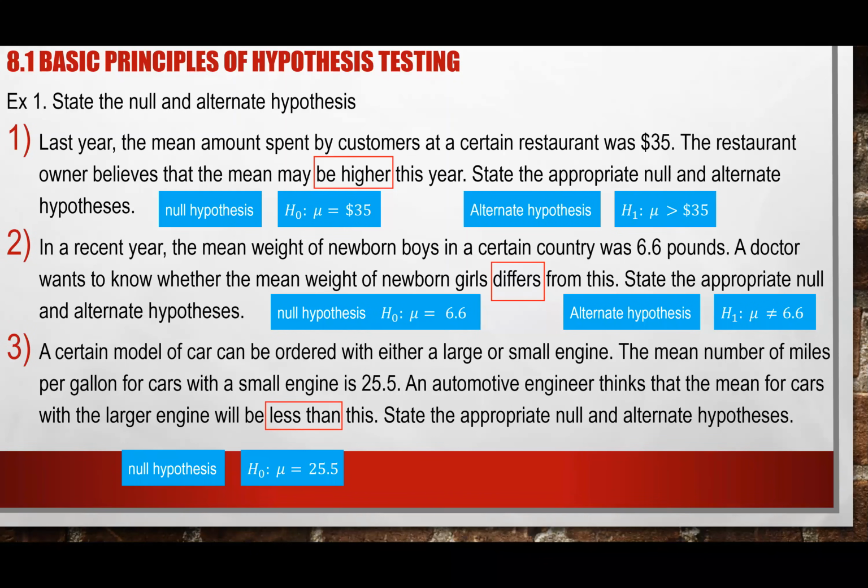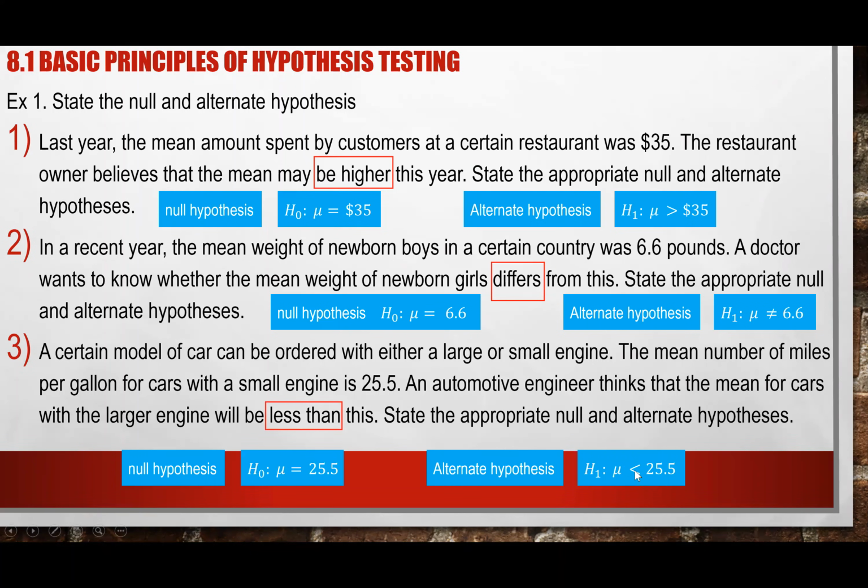That's why I call it a dummy variable, because it can only take an equal sign. The alternate hypothesis is mu less than 25.5, or in the sense that 25.5 is greater than mu.